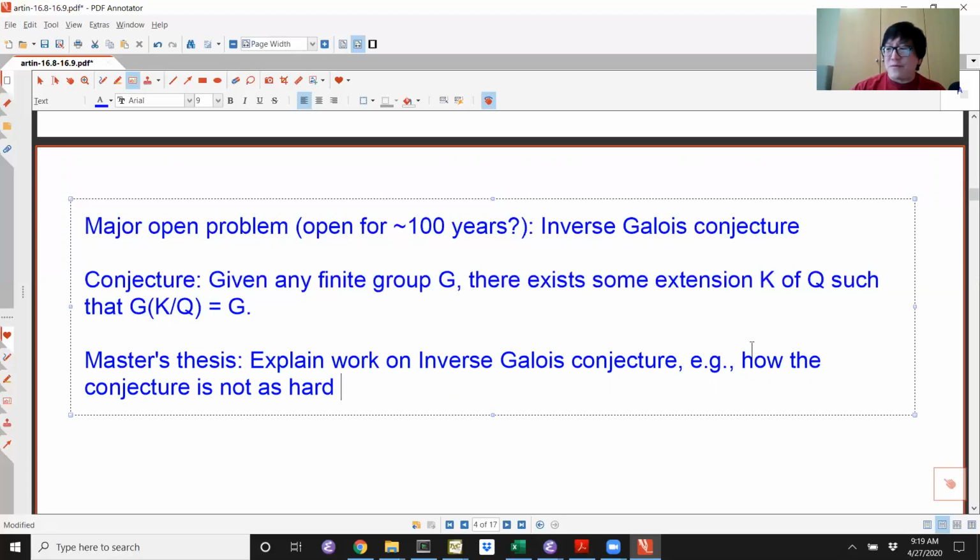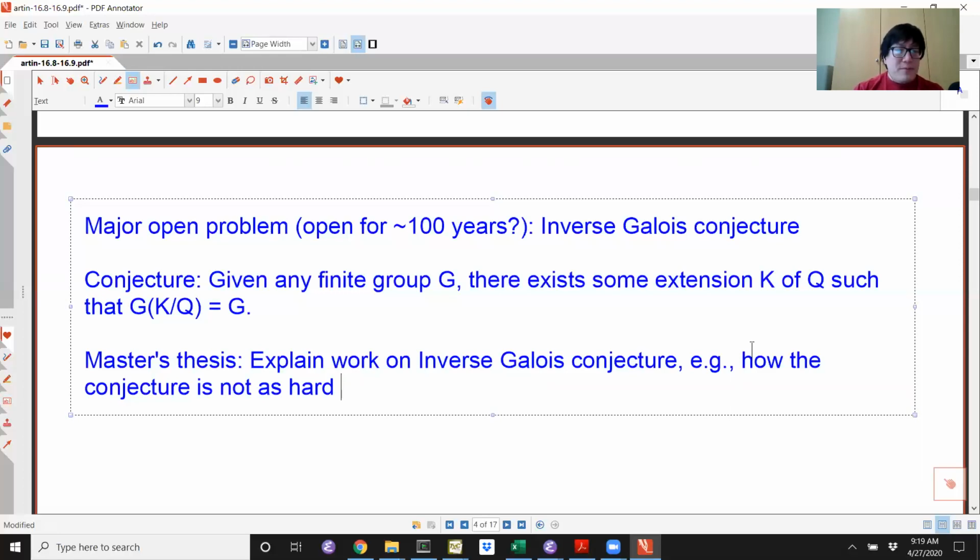Over the last 30 years, a lot of work has been done trying to bootstrap this case to the full inverse Galois conjecture over the rationals.